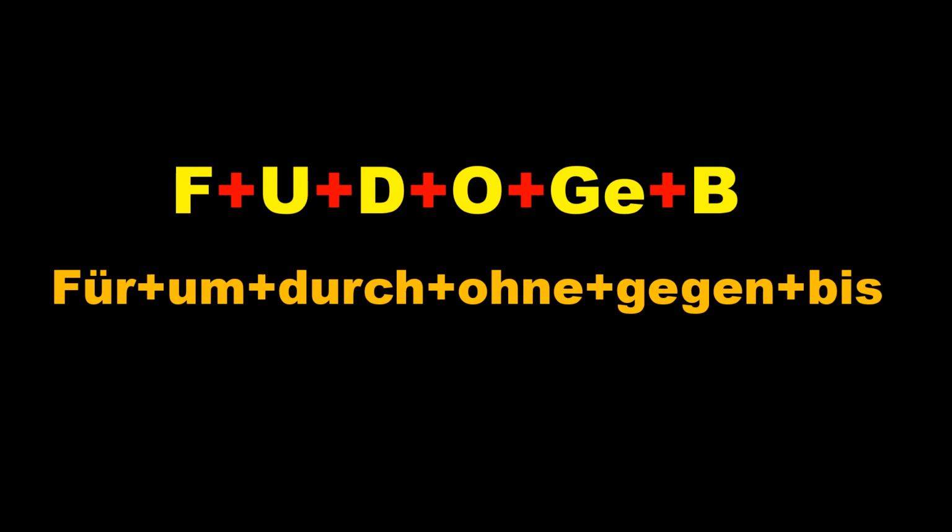Für, durch, ohne, gegen, bis. These are the prepositions which are purely accusative. You can remember it as Fudogabe. That is the easiest trick to remember the purely accusative prepositions.